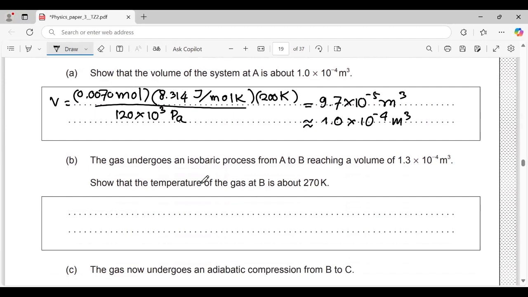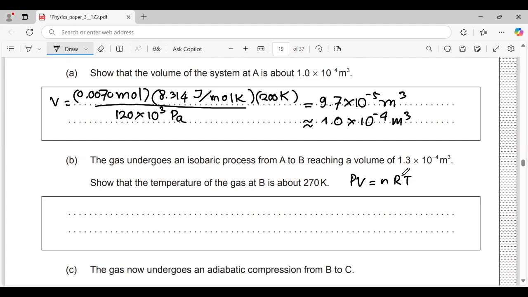The gas undergoes an isobaric process from A to B, reaching a volume of 1.3 times 10 power minus 4 meter cube. Show that the temperature of the gas at B is about 270 Kelvin. We can use the ideal gas law as I wrote, PV equal nRT.